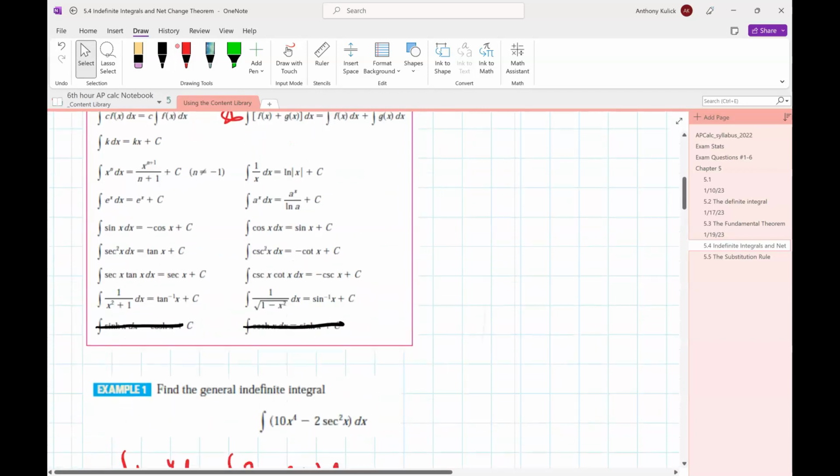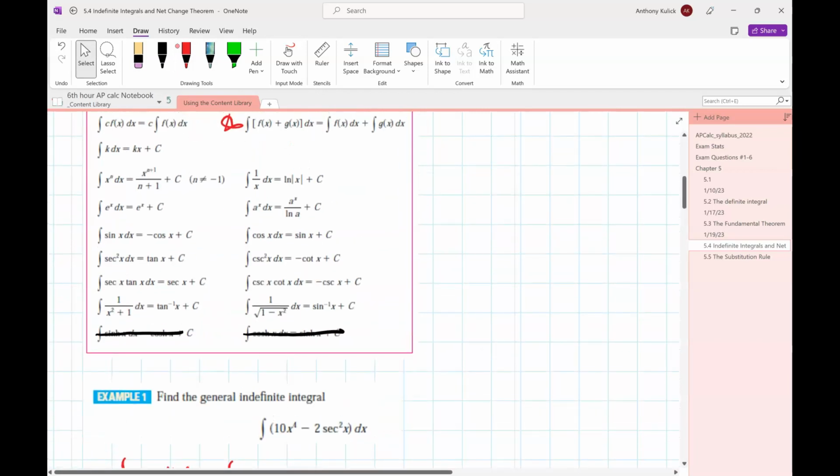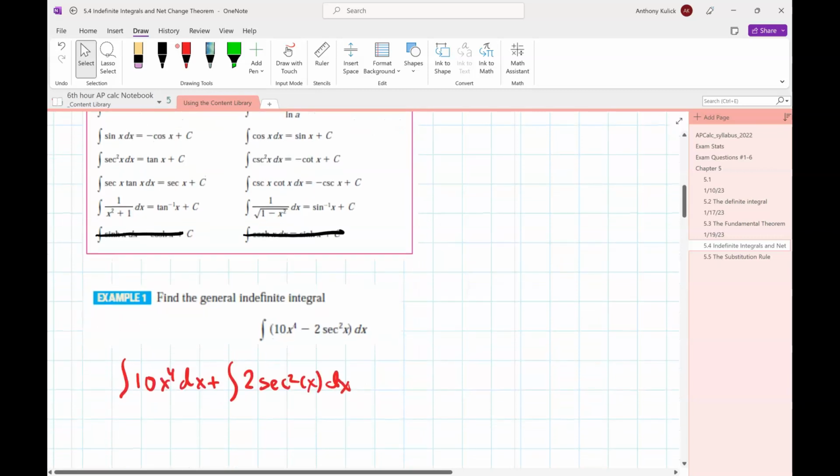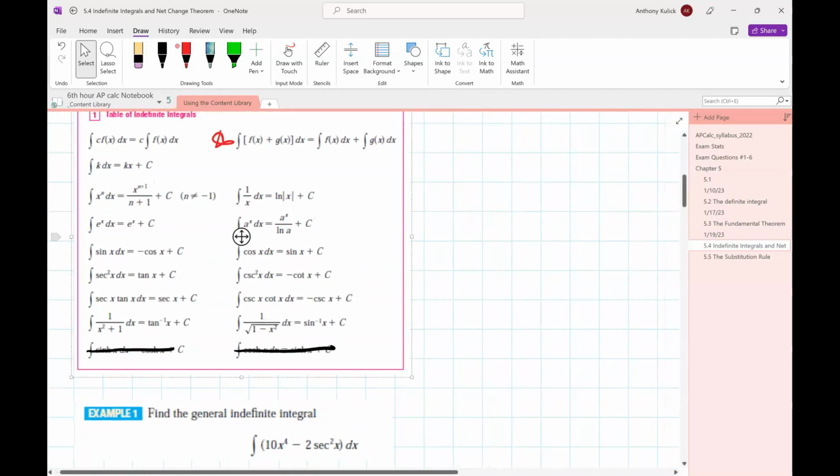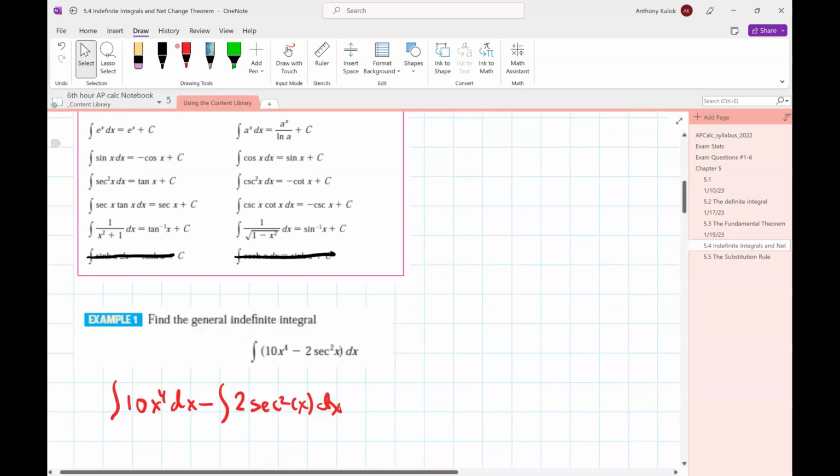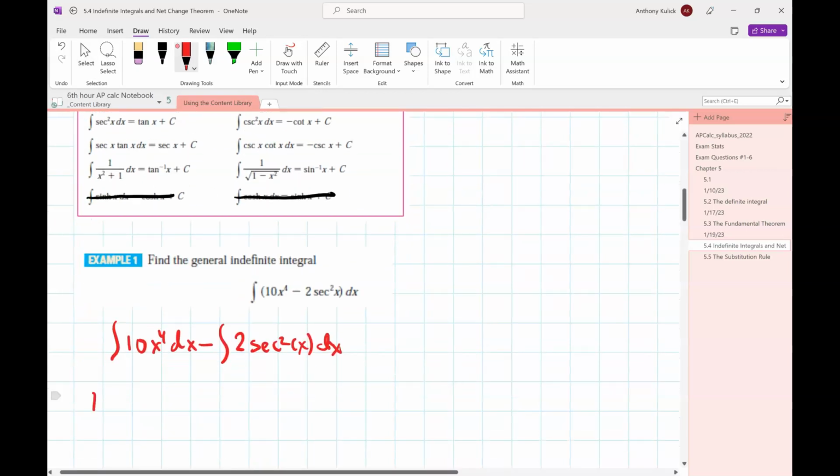Okay. Next thing I'm going to use is, what's up? It's not subtracting. Oh, yes, it is. Okay, thank you. The next thing I'm going to use is this first property, where if I have a constant times my function, I can pull that constant out front of my integral.